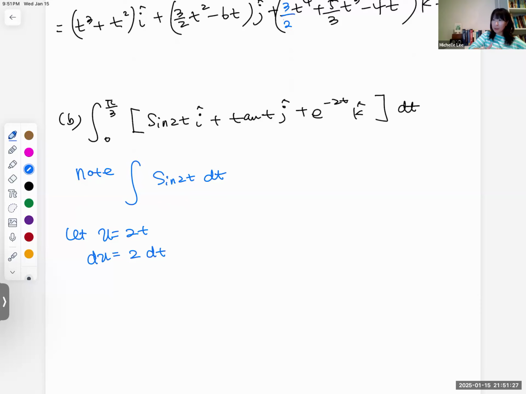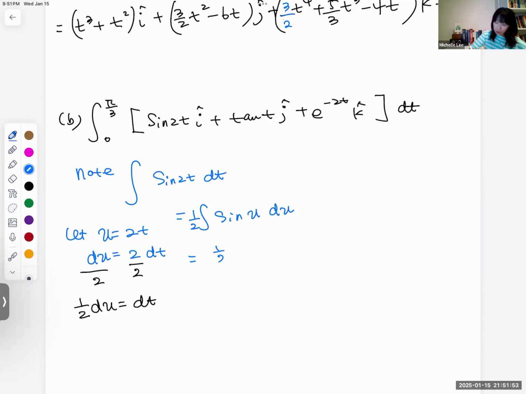We want to replace dt, so divide by 2 on both sides: 1 over 2 du equals dt. So the integral of sine u dt becomes 1 over 2 du.